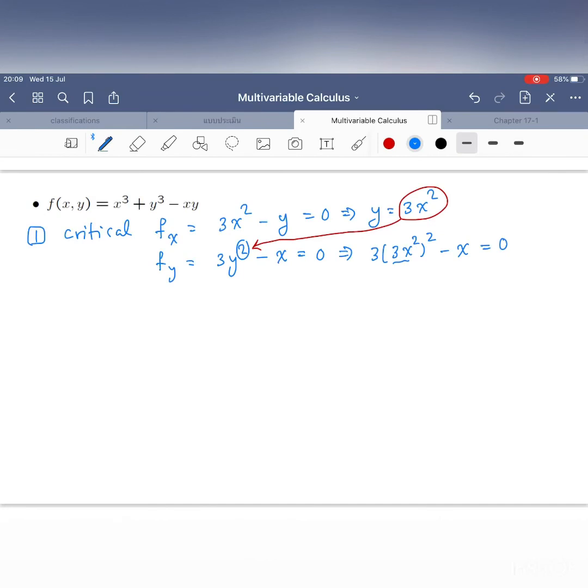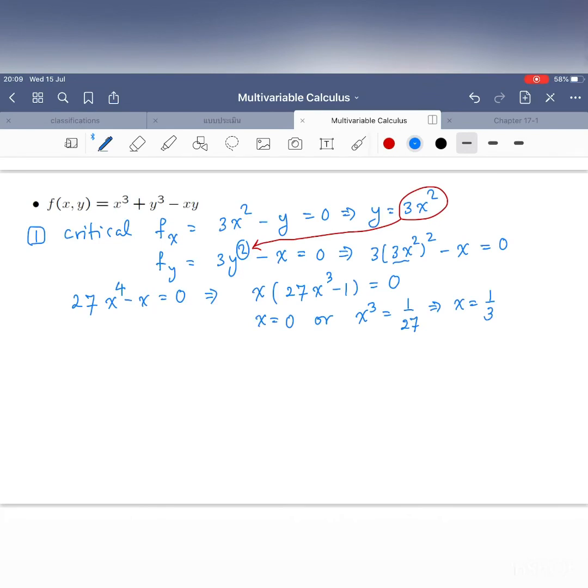So you have 27, you see, and then x fourth minus x equals 0, isn't it? And then you can simply do the factorization. Okay, and it means that your x can be either 0 or your x cubed can be 1 over 27, and it means that your x is simply 1/3.